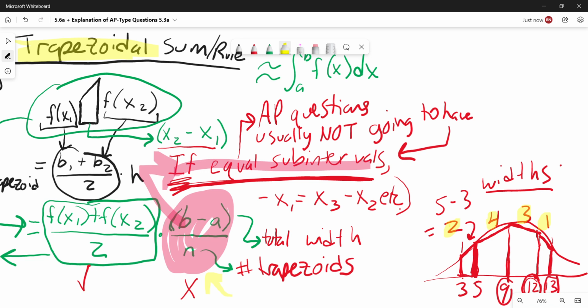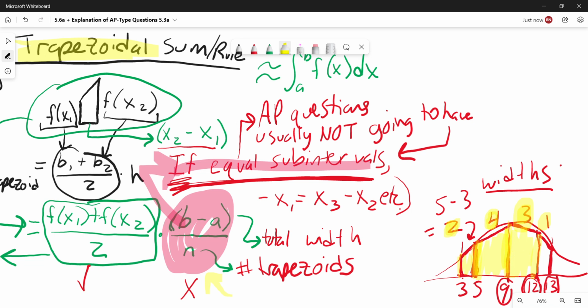This is really important because you're going to be given this information mostly in table form, and then you're going to have to average the 2 heights, and the average of those 2 heights times the width will give you the area of that trapezoid, and then the average of this height and this height times this width would give you this trapezoid's area, and so on.